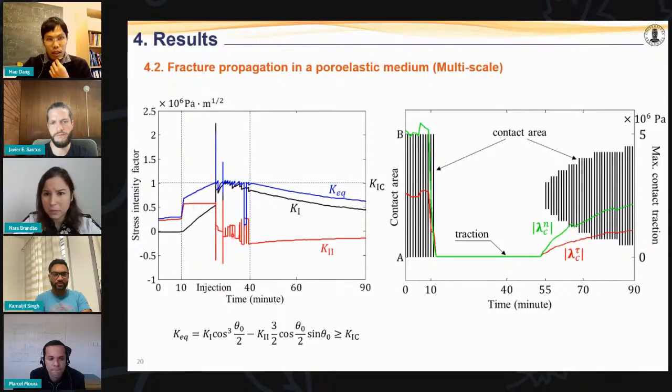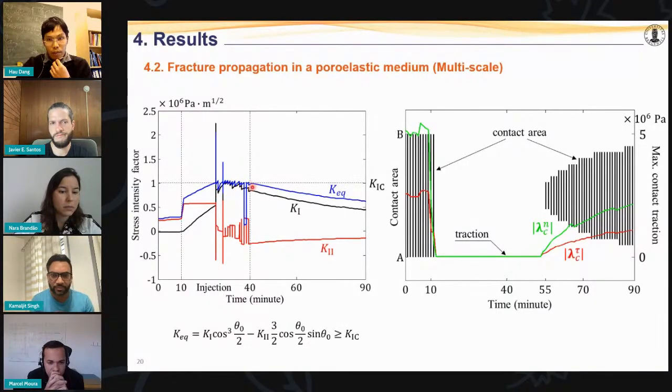At K2, the red one is increasing, and the fracture starts to propagate from here. At the first propagation, the fracture propagates quite fast because of the accumulation of energy. After that, the energy is reduced, so we need to constantly inject fluid to make the fracture propagate again.